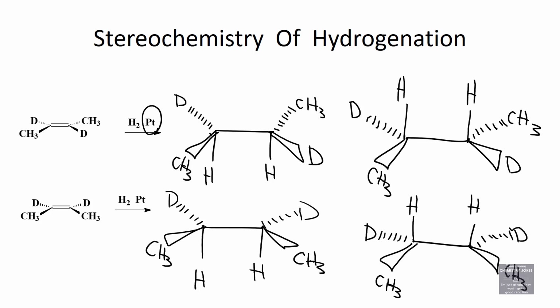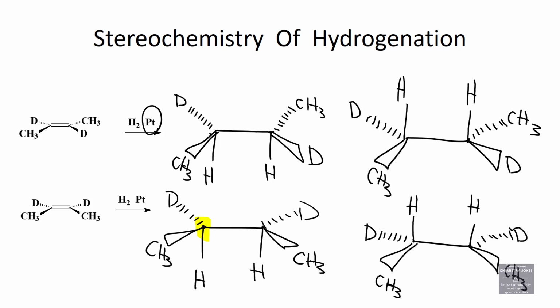And I say something's interesting about these two reactions. What is it? Well, I see a plane of symmetry right here. Do you? Yeah, hopefully you do. What does that mean? Is this an asymmetric carbon?